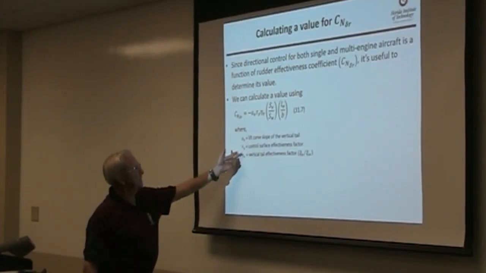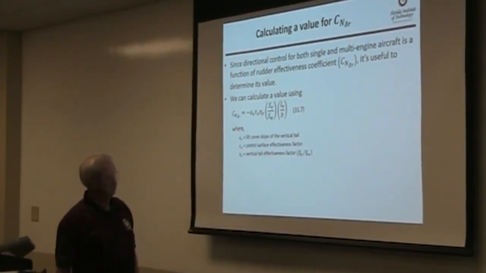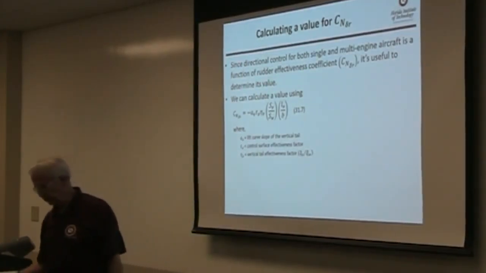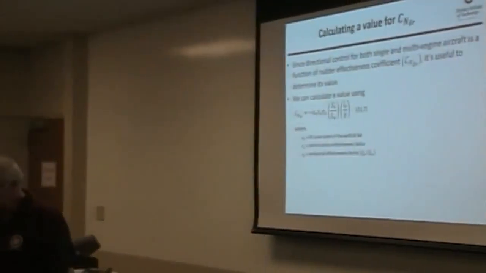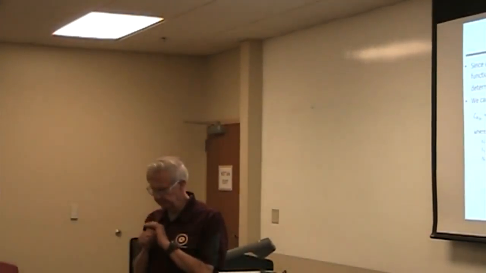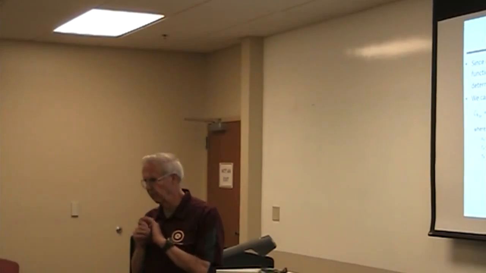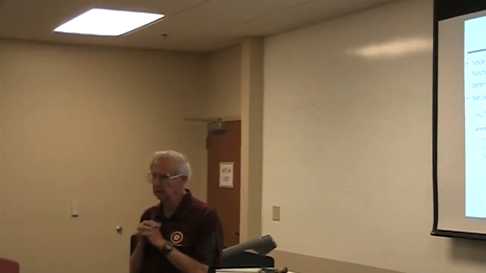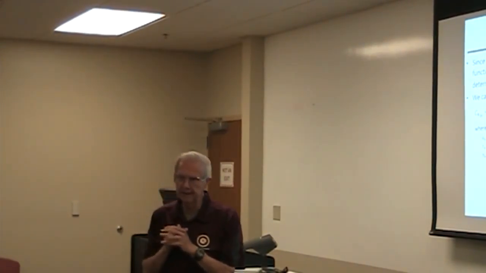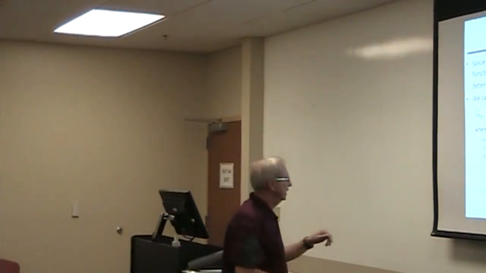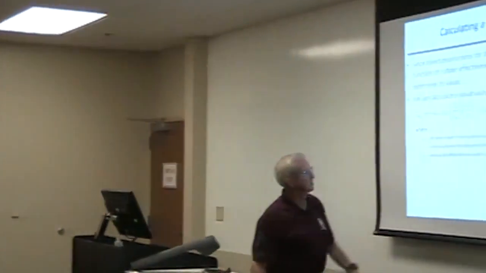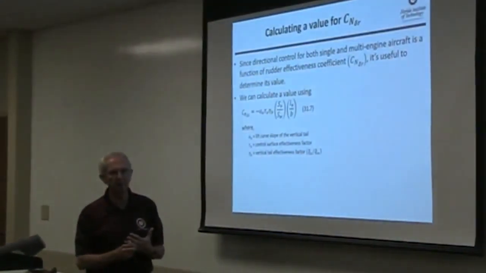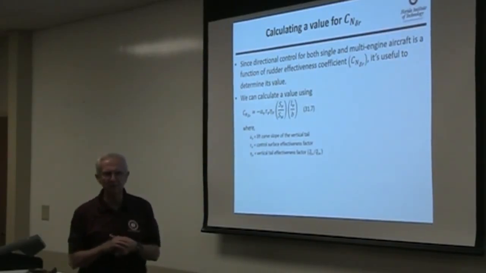Control surface effectiveness factor, and if you have a copy of Aircraft Performance, Stability and Control by Cortland Perkins and Page, they give a way of determining this in there, or I think that probably came out of an NACA report.